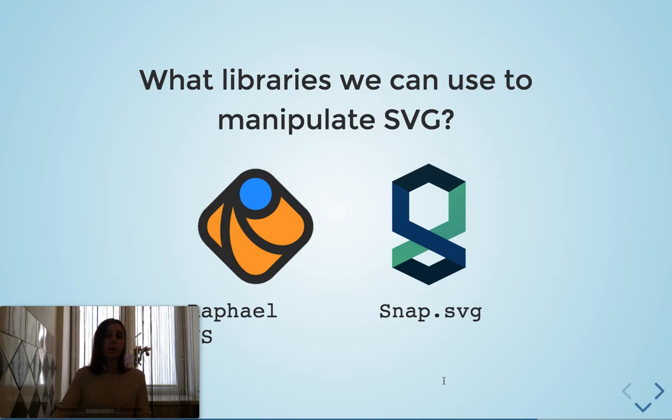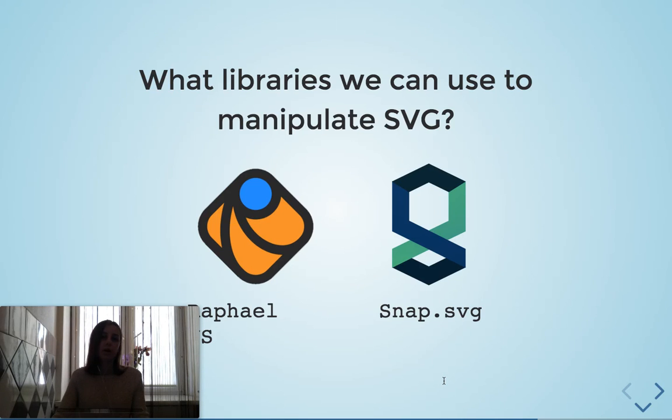What libraries can we use to manipulate SVGs? Libraries can simplify our work with SVG. Here you can see two of them. Raphael.js is a library that allows you to draw as well as animate vector graphic SVG on web pages. Snap is very similar and rather smaller than Raphael.